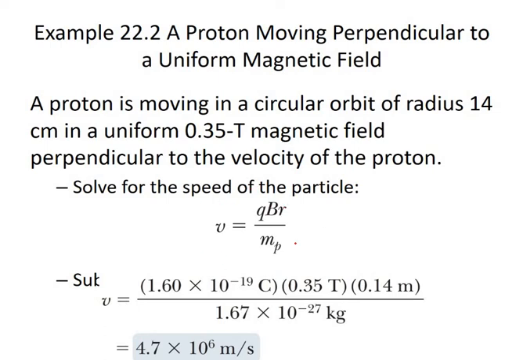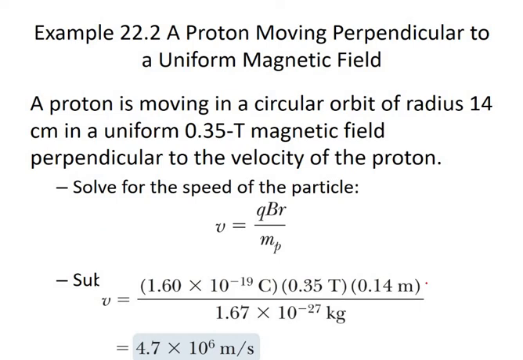Here we have the equation for v. We solve for v. We substitute here the charge, which is 1.6 times 10 to the minus 19. I mean, it says proton, so it's positive. We don't need to use absolute value, because for calculating this we will need the magnitude, so the positive quantity. Then we multiply by the magnetic field, which is 0.35 Tesla. Then we multiply by the radius, which is given in centimeters, but remember MKS, so you have to use units in meters, kilograms, and seconds.